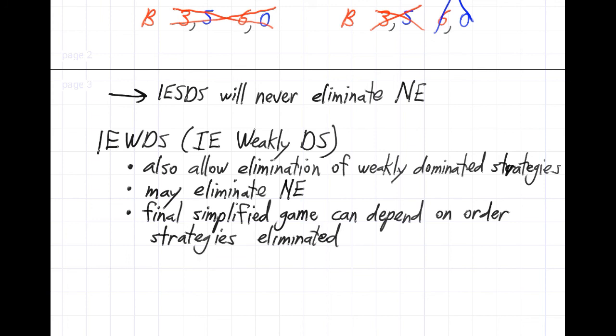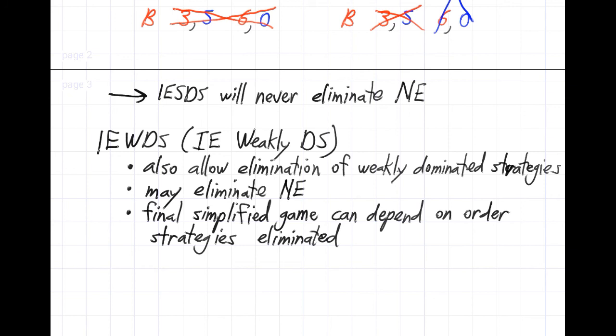So we could have a result where two people are both applying IEWDS, and they just happen to do it in different orders, eliminating different dominated strategies, and they would come to different final simplified games, or final outcomes if it reduced to one box.